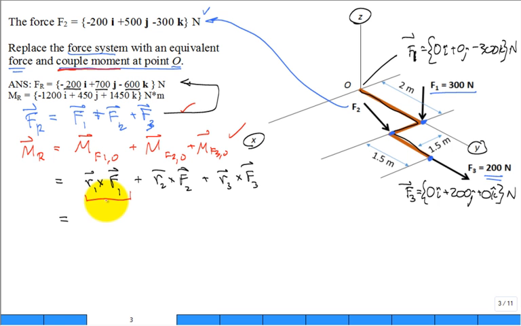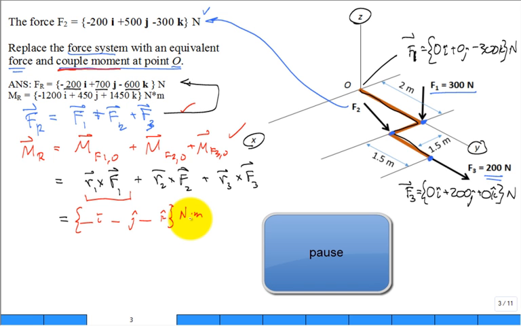But can you calculate that for me? And you'll get something in the i, something in the j, something in the k. It's a vector, and the units on this will be Newton meters. Call me over when you get that part solved, okay?